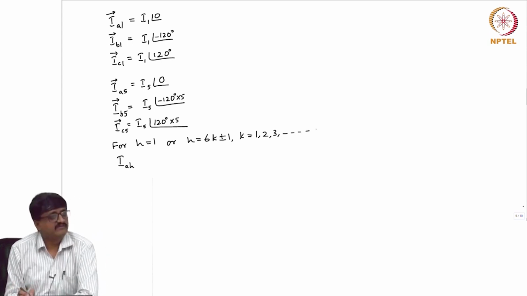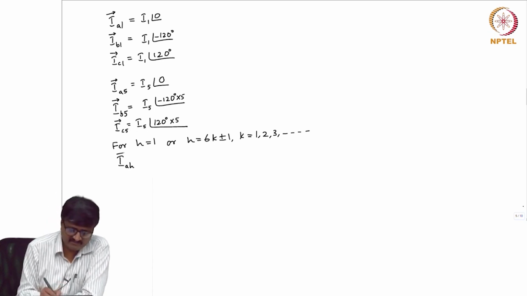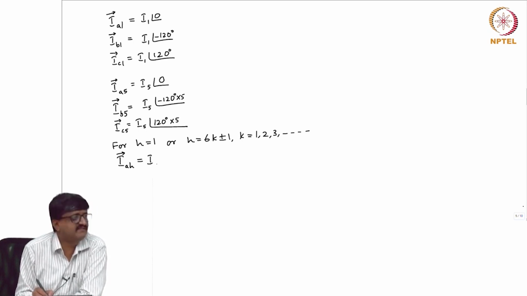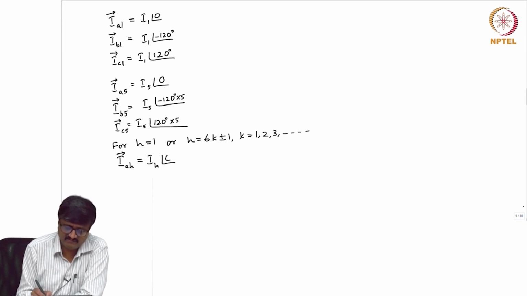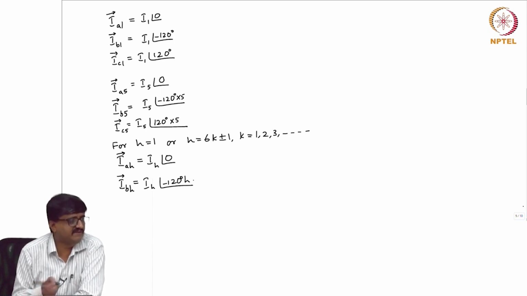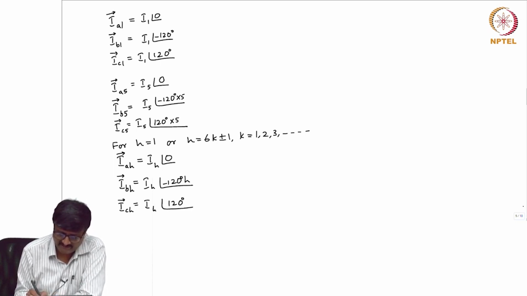So, for harmonic components as well as the fundamental, we can write a combined expression, generally applicable for all values of the h, whether it is 1 or 6k plus minus 1. So, can I say that IAH is IH at an angle 0, IBH is IH at an angle minus 120 degree into h. So, it is applicable even for h equal to 1, and ICH is equal to IH at an angle 120 degree into h.